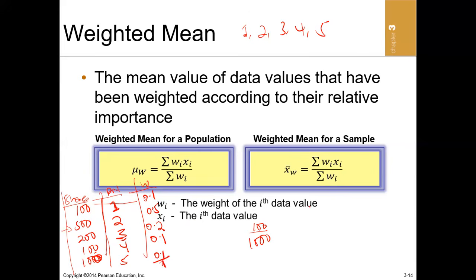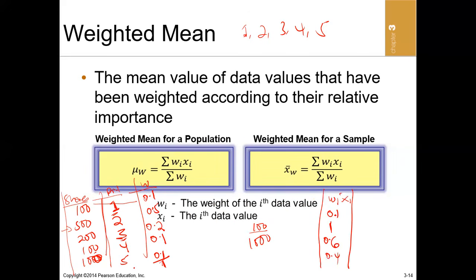All right, so let's find the weighted mean. The weighted mean is the summation of the weight times the figure, divided by the summation of the weight. So let's multiply the weights by the figures, WiXi. 1 times 0.1 is 0.1. 2 times 0.5 is 1. 3 times 0.2 is 0.6. 4 times 0.1 is 0.4.